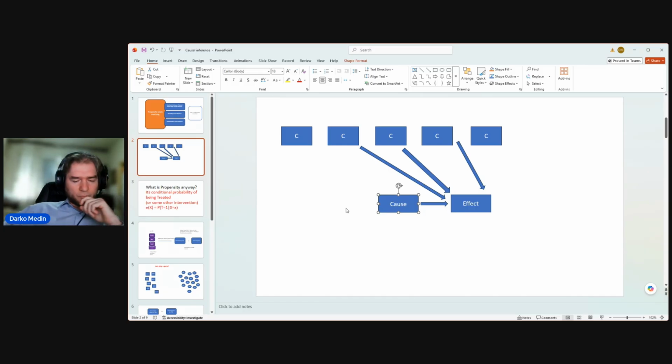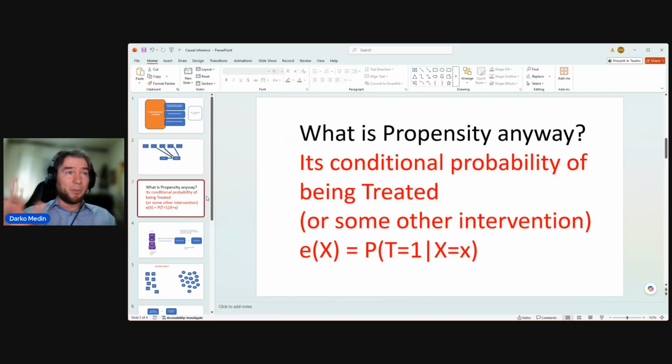But propensity score matching is a much deeper topic than just understanding a schematic like this. A lot of people use propensity score matching without actually understanding it, without understanding how it works, or even what it is. A lot of people don't even understand why we use the term propensity. So what is propensity anyway, right? Why do we call it that way?